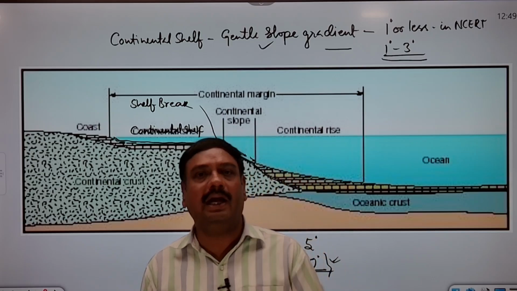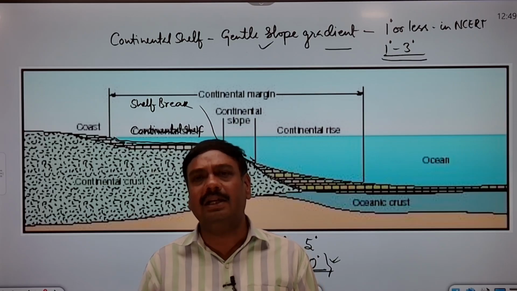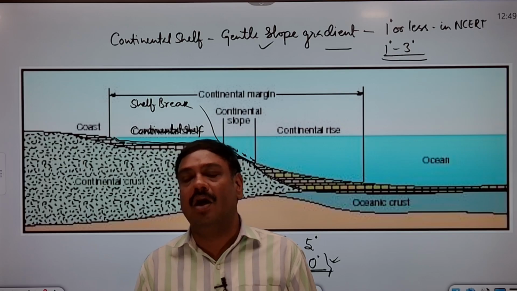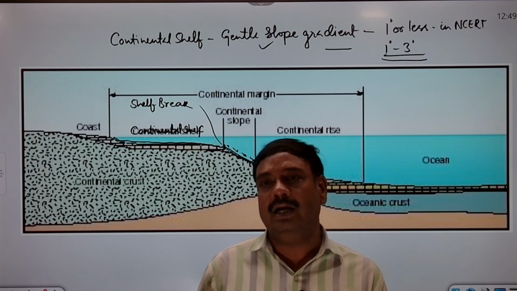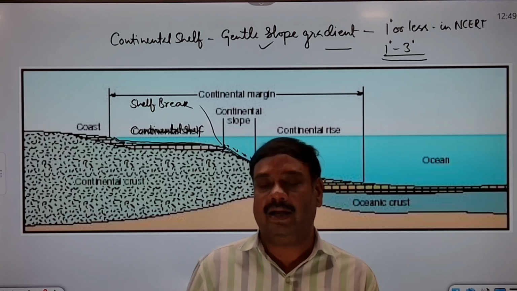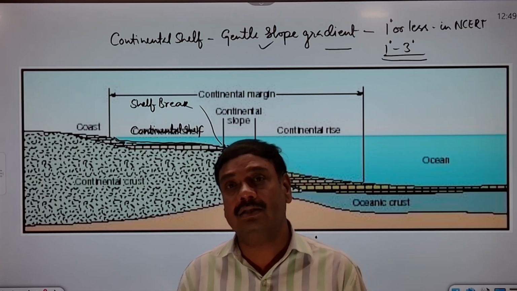Actually, it is not the correct sentence which I am using. It is not exactly controlled. One can say that the width of the continental shelf is decided by these factors. What are the deciding factors?